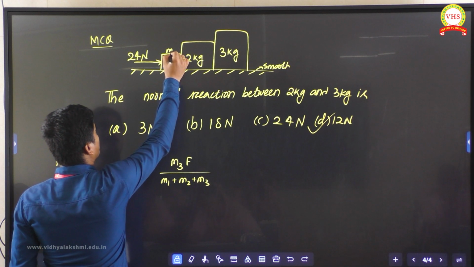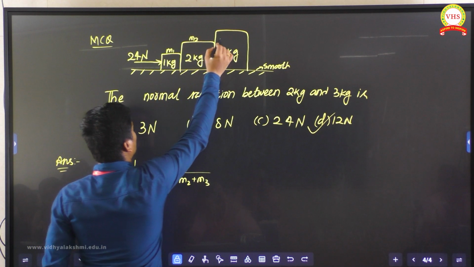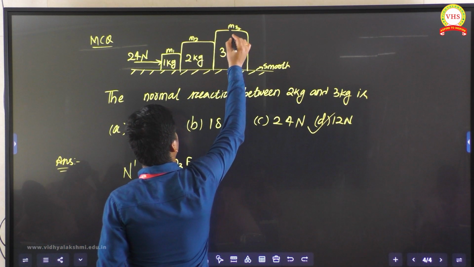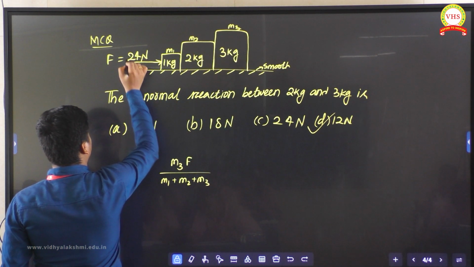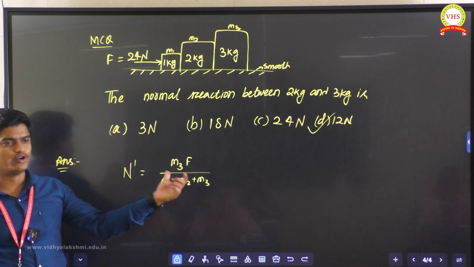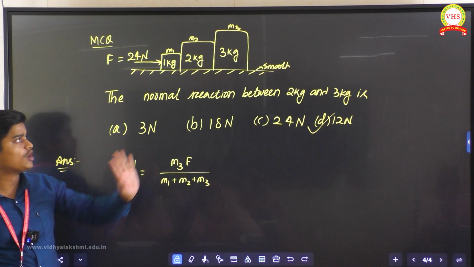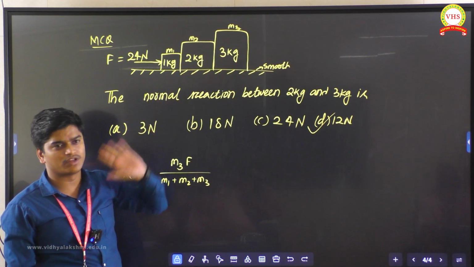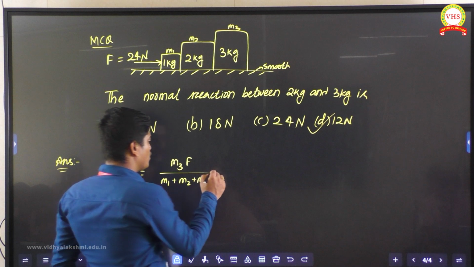So this is your M1, this is your M2, this is your M3, and this is your force F. Direct formula apply, otherwise you do with concept. Do the free body diagram of 3 kg, then find acceleration and do that. You can do that also.